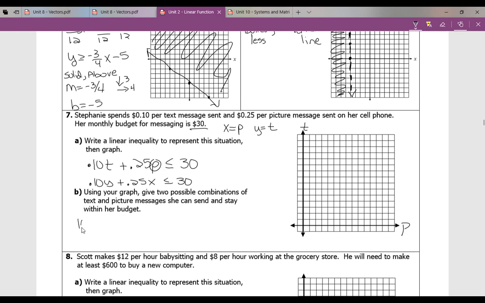So that would be, and I will erase this so we can answer part B in just a second. Subtract that 0.25x. And then we're going to divide both sides by 0.10. So this is where your calculator comes in handy.